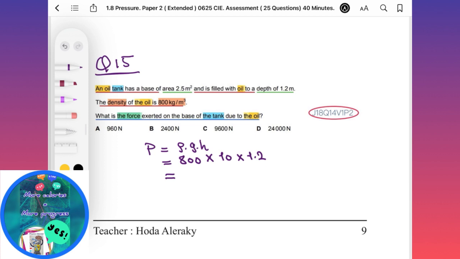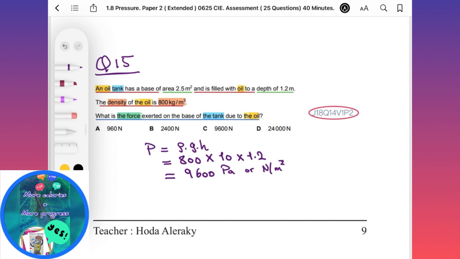The final answer for pressure is 9,600 Pascal or Newton per square meter. Okay?